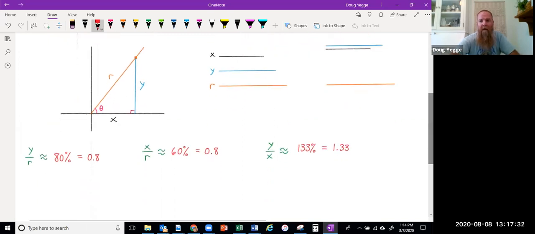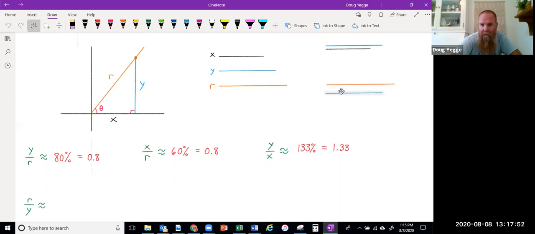Let's compare R to Y. So let's find the ratio of R to Y. Notice R is the orange one, Y is the blue one. I'm trying to line these up so the left sides are the same, but it's a little hard to do so.